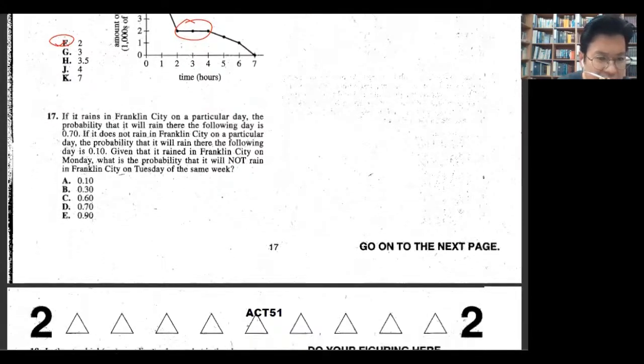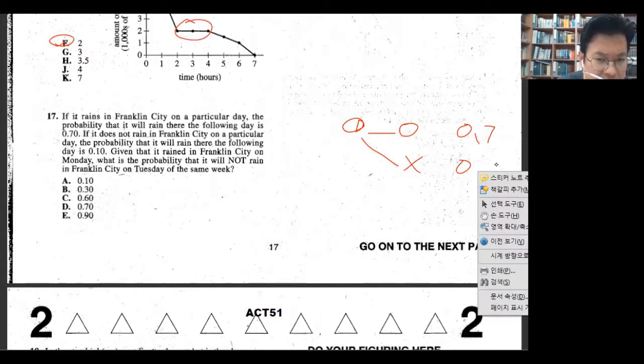If it rains in Franklin City on a particular day, the probability that it will rain there the following day is 0.7. If it does not rain on a particular day, the probability that it rains the following day is 0.1. So rain is 0.7. Rain, then not rain is 0.1.